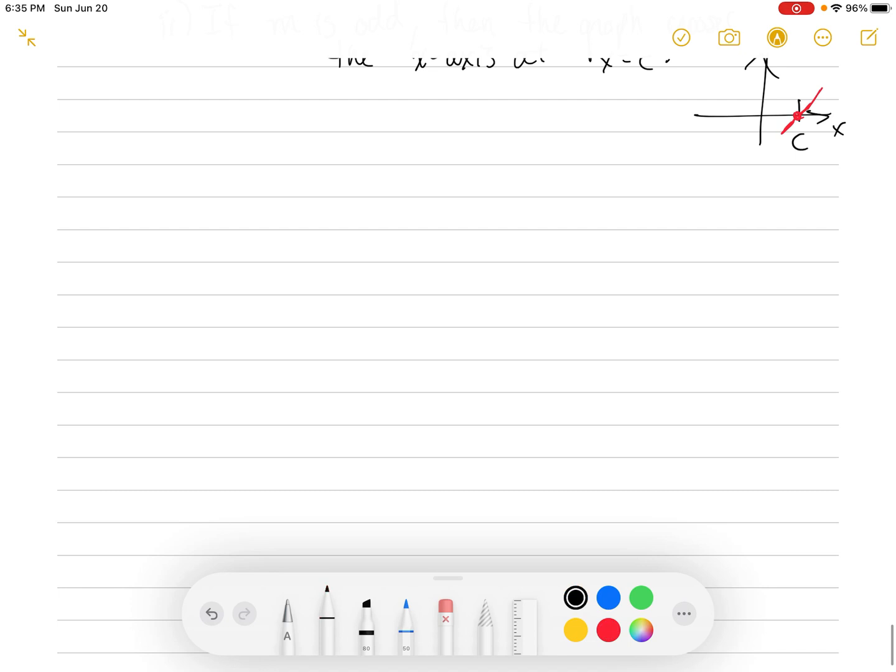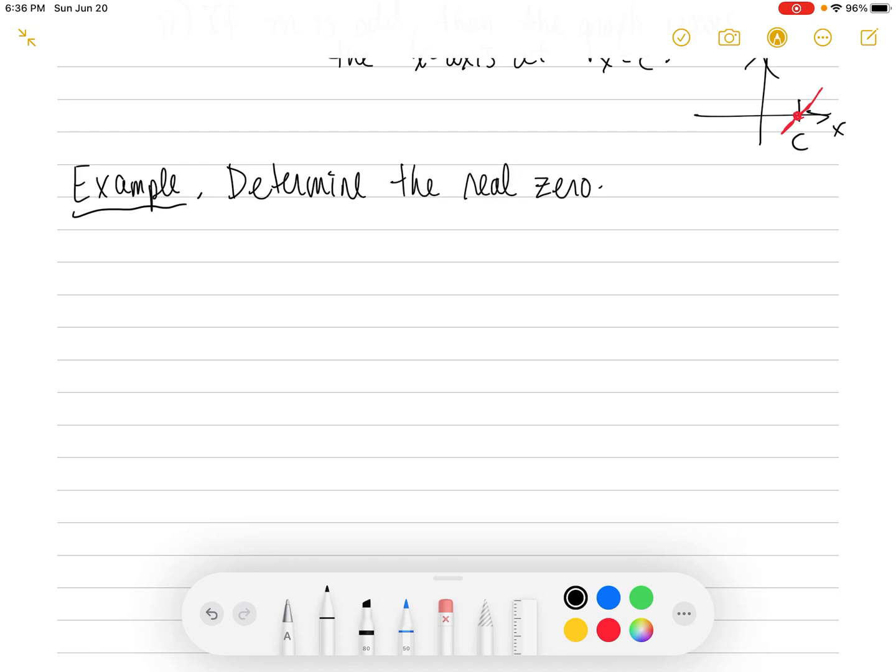All right, so doing an example. I'll just do one example here. It's pretty easy to get the hang of this. Instructions are to determine the real zeros of the polynomial.